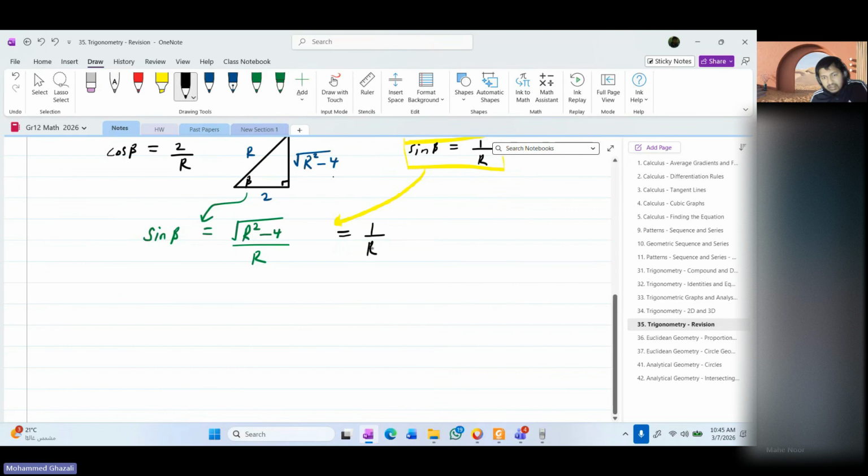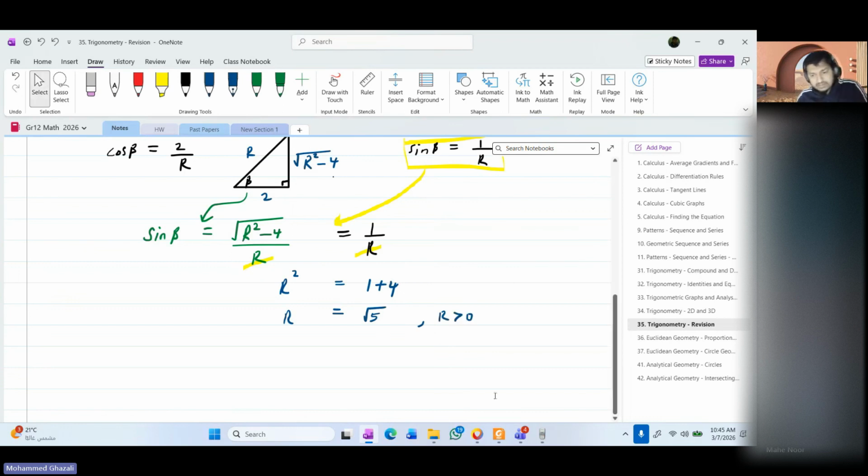Now we can get rid of the r's and solve. Square root of r squared minus 4 equals 1; squaring both sides, r squared is equal to 1 plus 4. Because I cancelled out the r's, squared the side and took the minus 4 over. So r is equal to square root of 5, since r is positive.